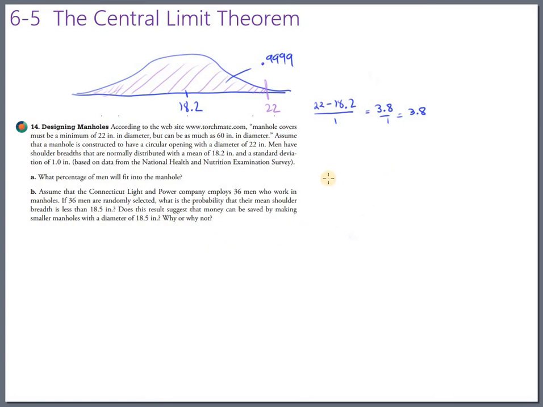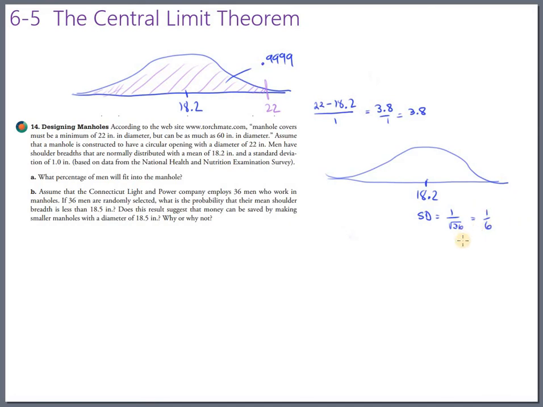So let's draw a picture again. The mean is still 18.2. Standard deviation has changed, though. It's not 1 anymore. It's 1 divided by the square root of 36, which happens to be 6.